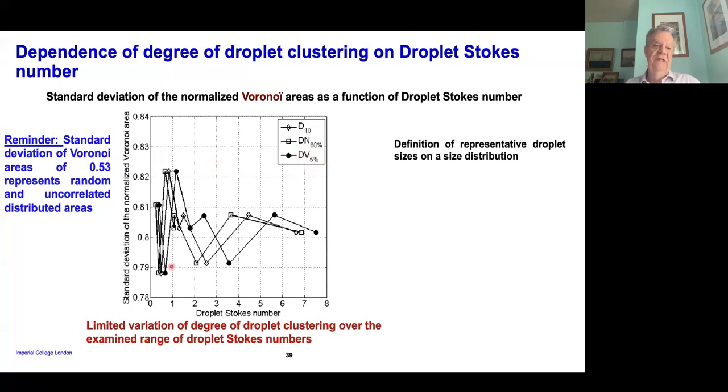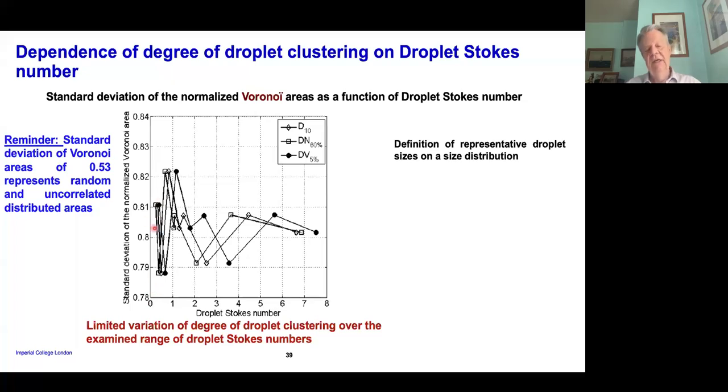What you see here is the standard deviation of the Voronoi areas on the vertical axis as a function of the droplet Stokes number. And you see that close to 1, you get a much larger deviation from 0.53. So 0.53 is outside the scale of the axis.